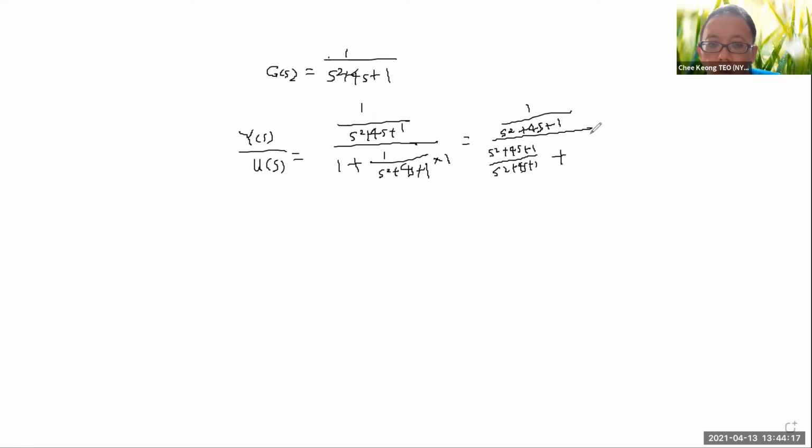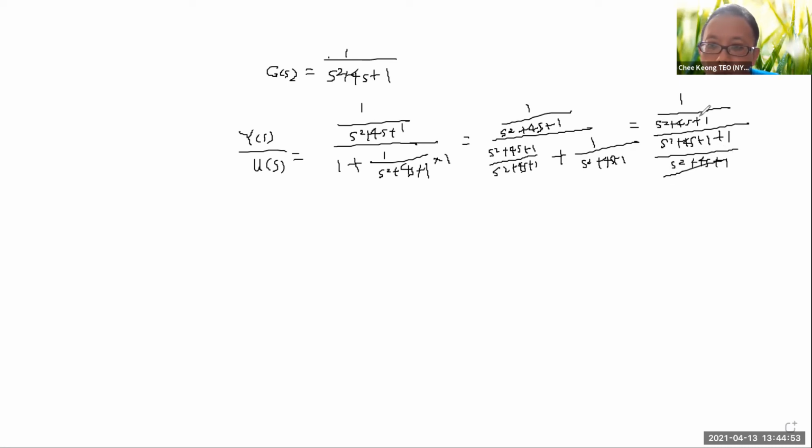Then of course plus your 1 over the same expression, s² + 4s + 1. If you combine this, you get 1/(s² + 4s + 1) over the top, which you can combine: (s² + 4s + 1) plus 1, so it's plus 2, divided by (s² + 4s + 1).